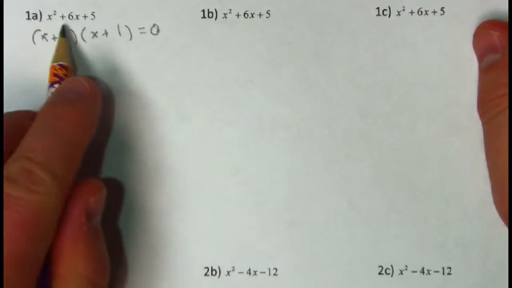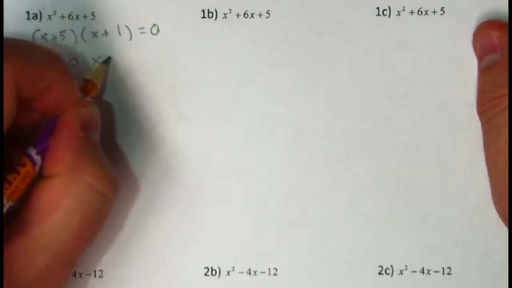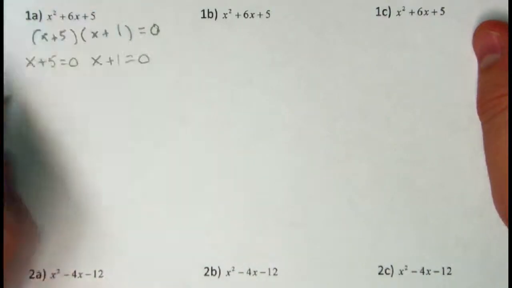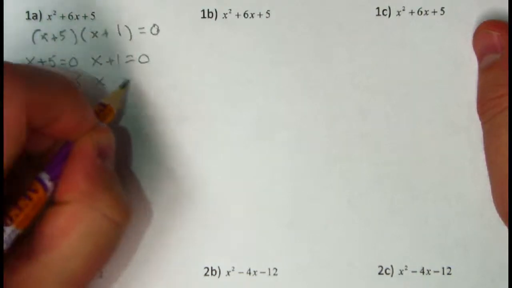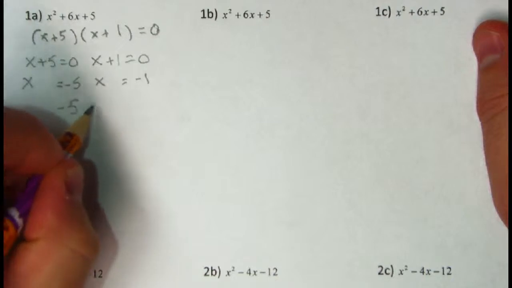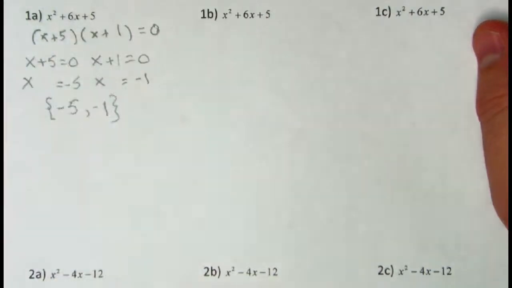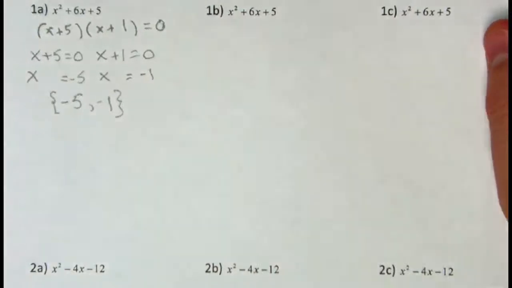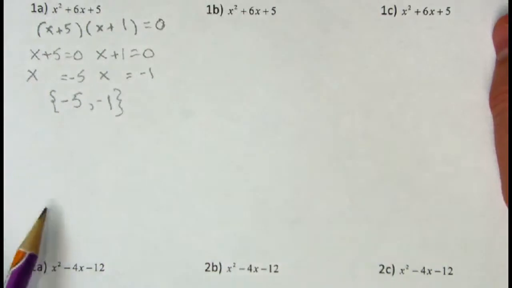So we have x plus 5 equal to 0, and x plus 1 equal to 0. So we have our two answers, our two x-intercepts. So I know the answers for 1b and 1c, if I did this correct, should be the same.